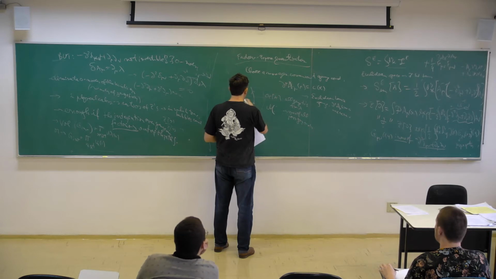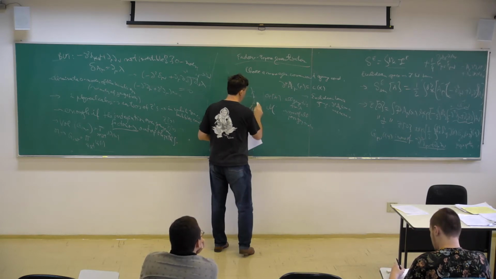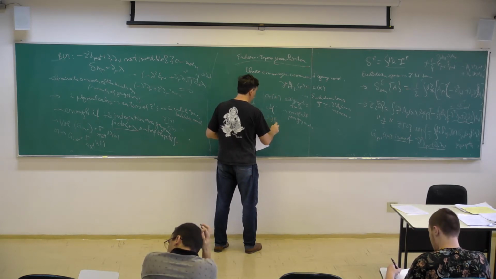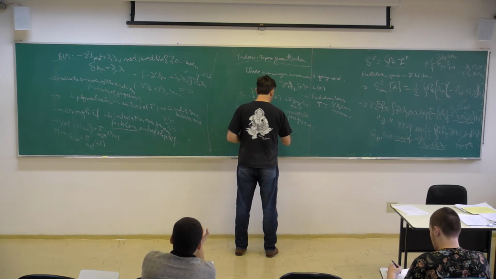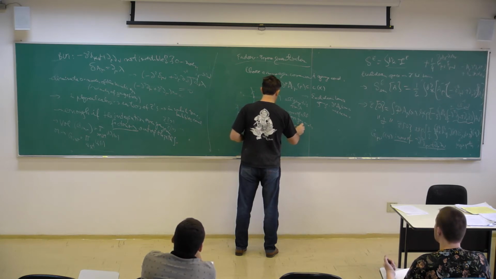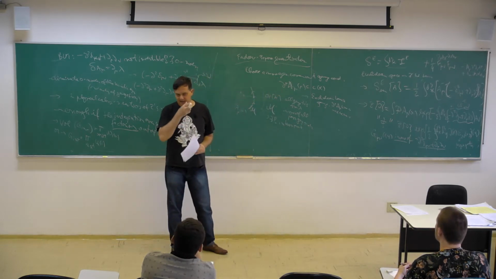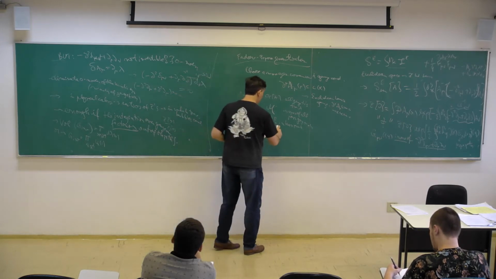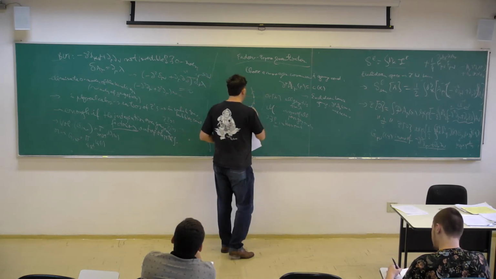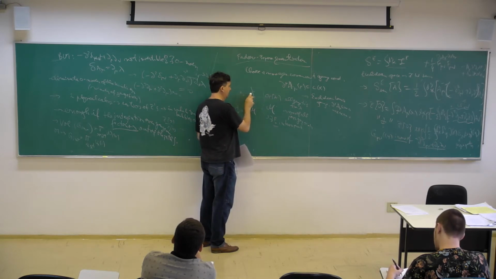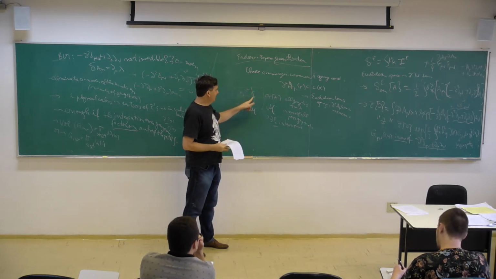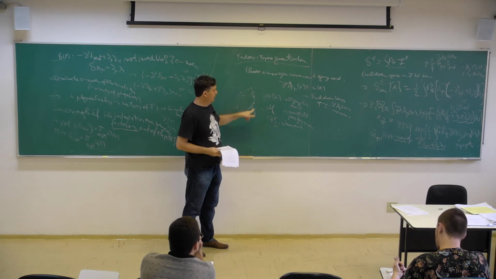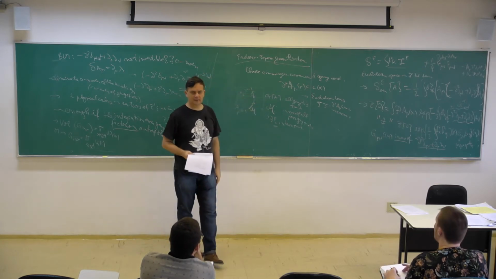And the question is whether there's a unique intersection point. First of all, it has to exist, and second, the question is whether it's unique. That is, I start with an A, and I make a transformation with a parameter lambda that depends on A, such that I go to the space of all possible gauge conditions, right?